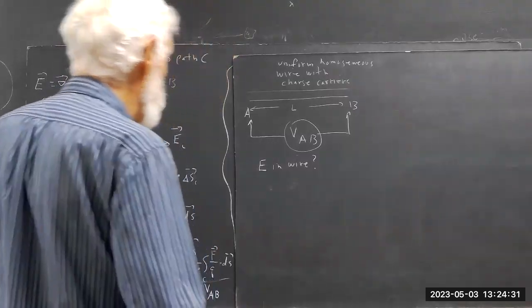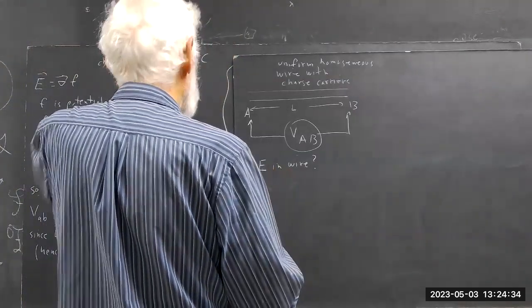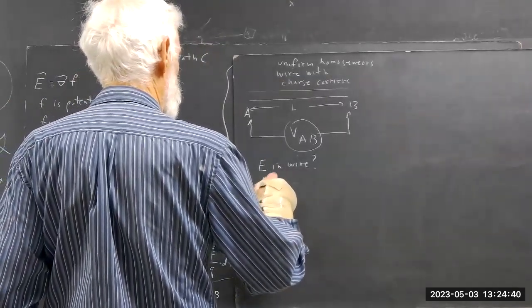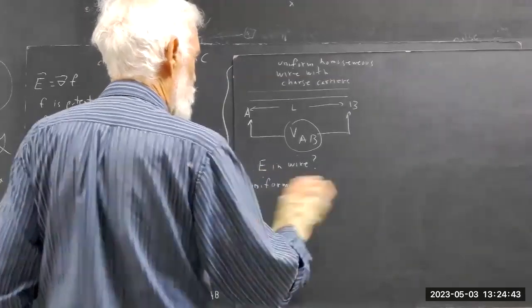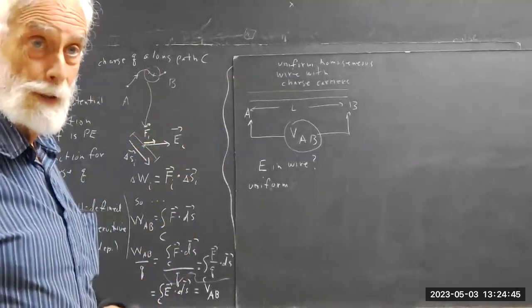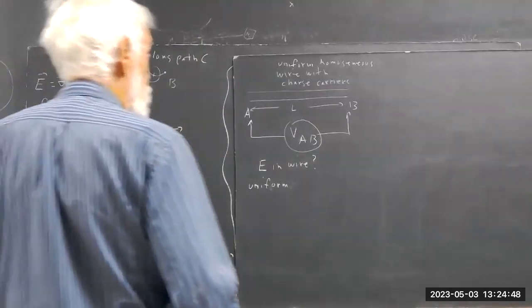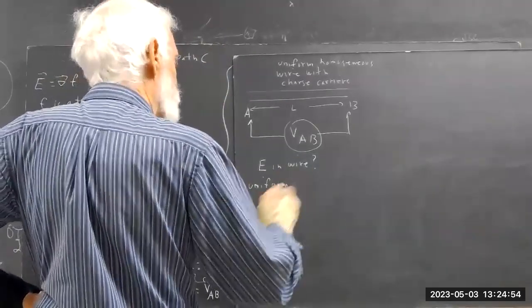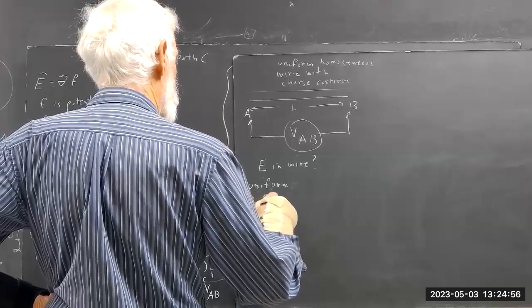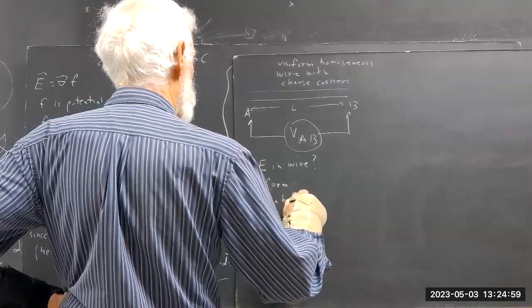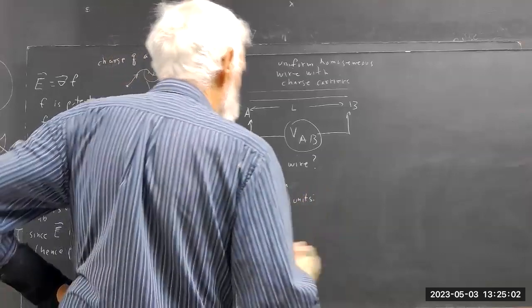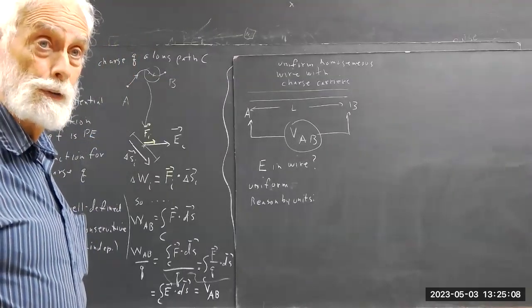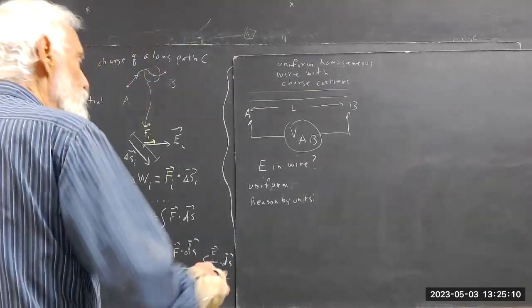So, the electric field in the wire, first of all, it's got to be uniform. I'm looking for the reasons we should understand that. A lot of times it's easier to reason by units than it is to reason by abstract relationships. But we're going to reason it out both ways.